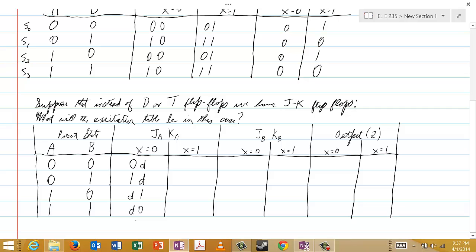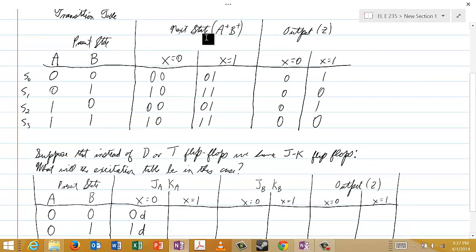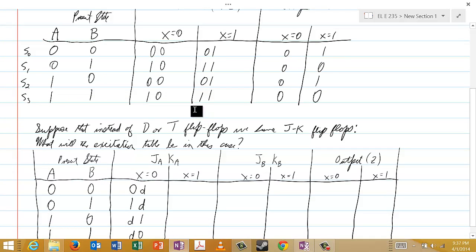The rest of these I'll go ahead and fill in a little bit more quickly, because I think the explanation is probably beginning to get a little redundant. Now if we want to fill in this column next, that means we need to look over here in this table up here. We need to look at these numbers in the x equals 1 column, and we need to look at the first number in the pair in each case.